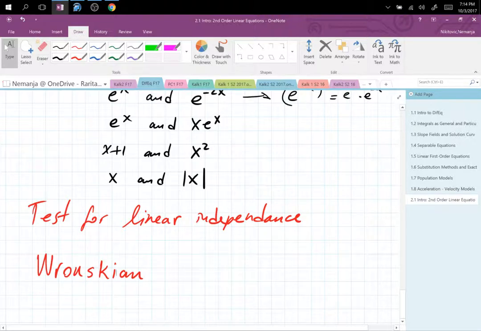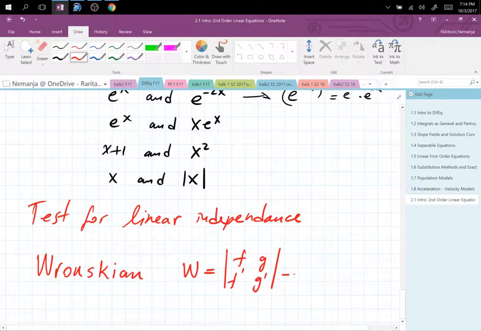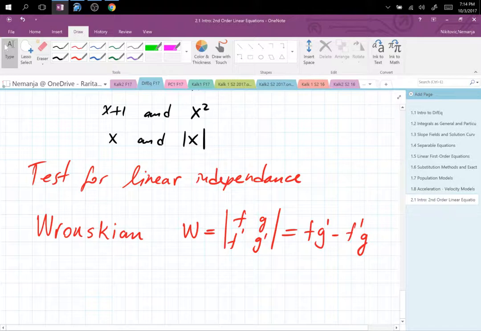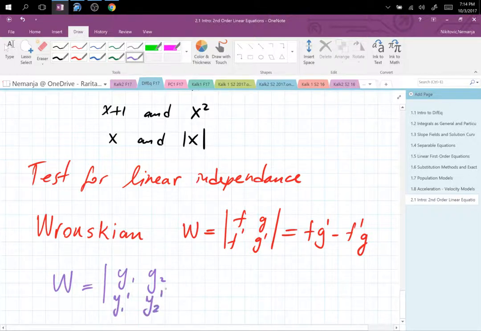The Wronskian is equal to the matrix F, G, F prime, G prime, and you work that out as F G prime minus F prime G. For our problems, the Wronskian is going to be tested between y1 and y2, and then y1 prime and y2 prime.